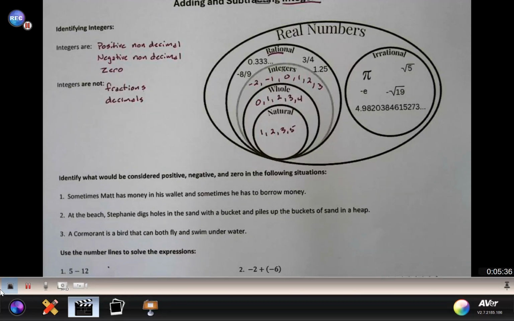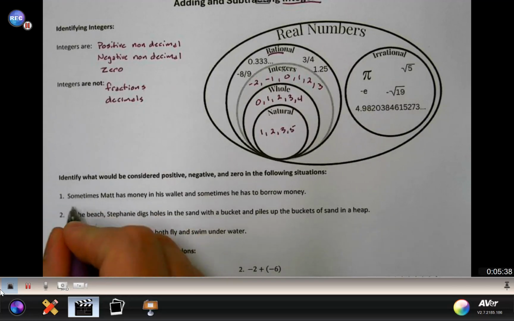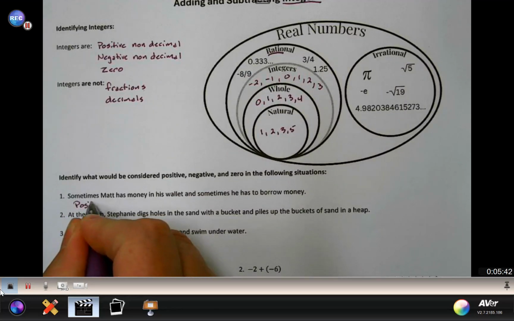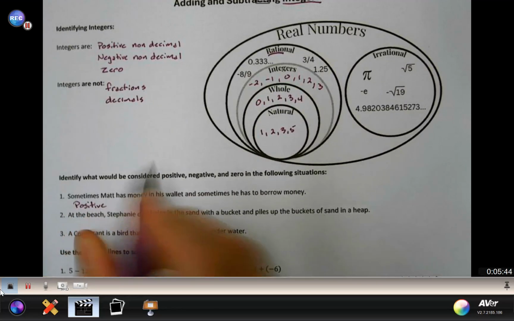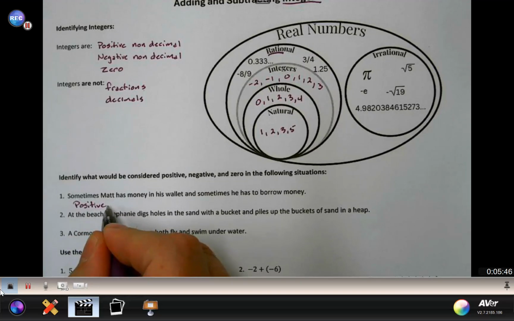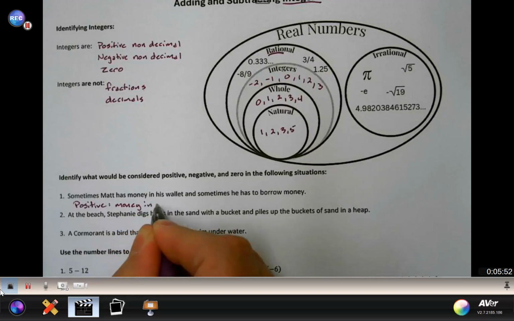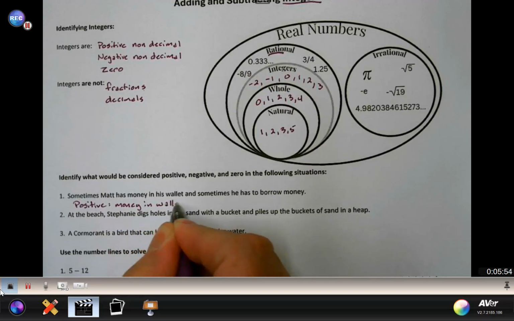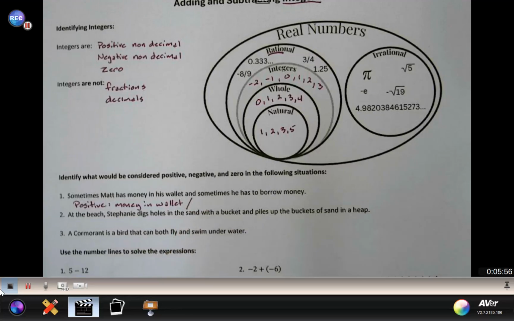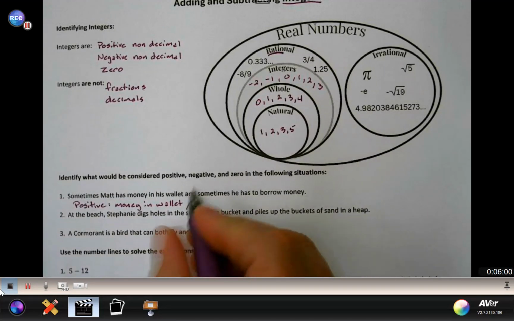So I would probably say that positive is money in the wallet. And I would probably say that negative means I owe somebody money or I borrowed.